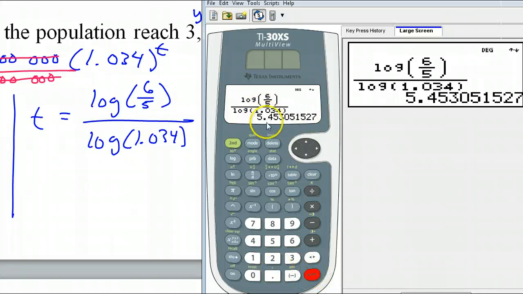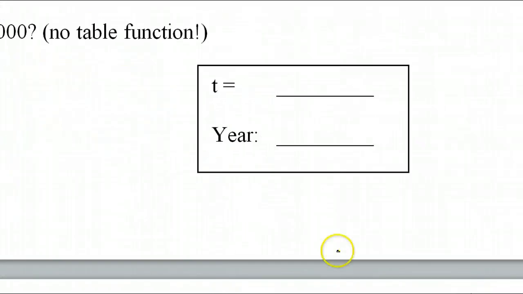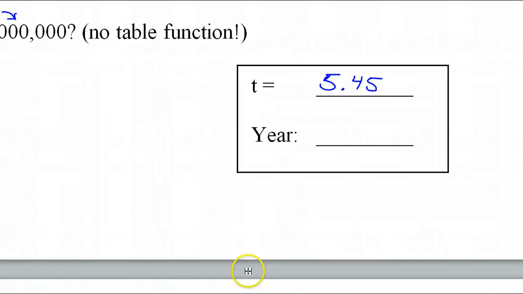Okay, so that is 5.45 years. I must have this decimal. Okay, don't just say 5, don't just say 6. 5.45. Now we also need the year, though.